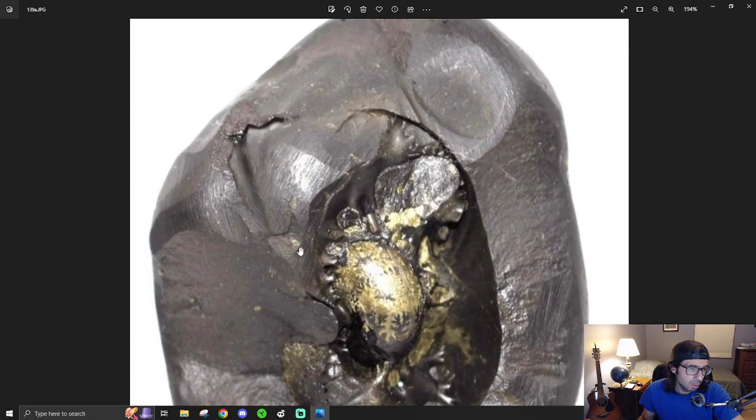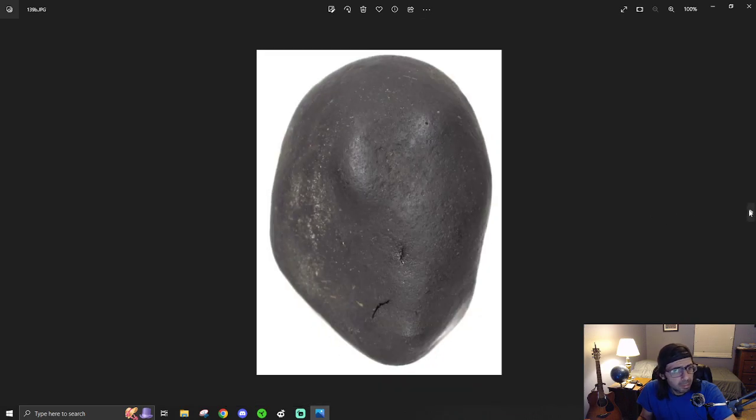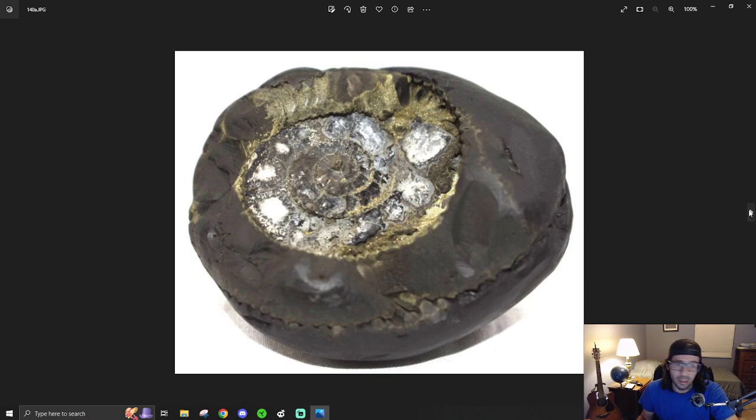We see those lines again. Interestingly, the lines go this way and this way and divide around this region, maybe. This is the other side. Another one with a bunch of sand type of thing going on.